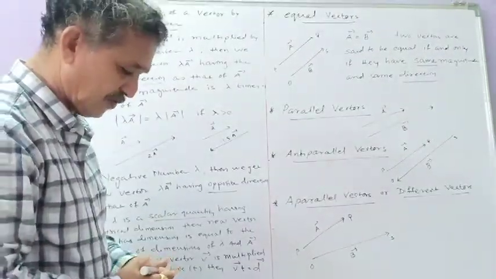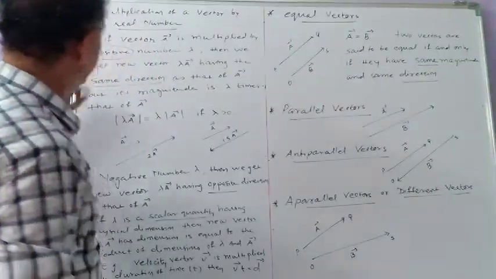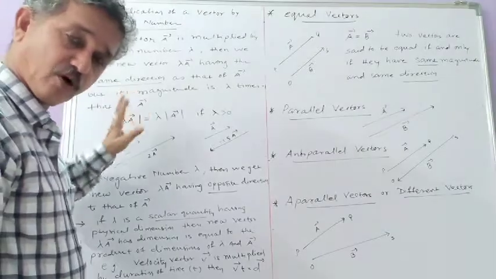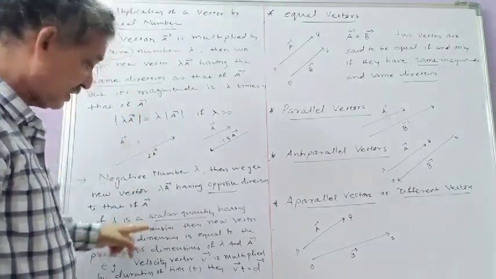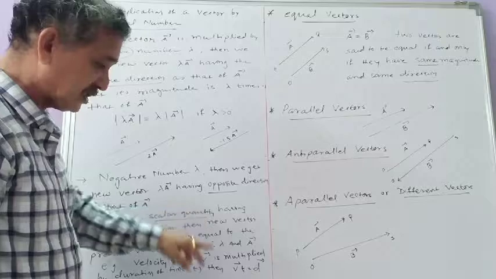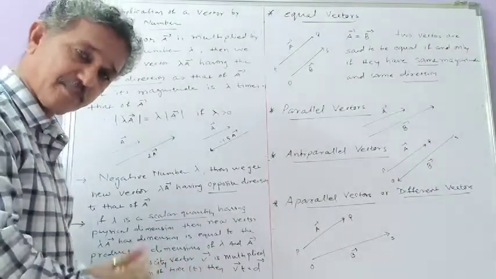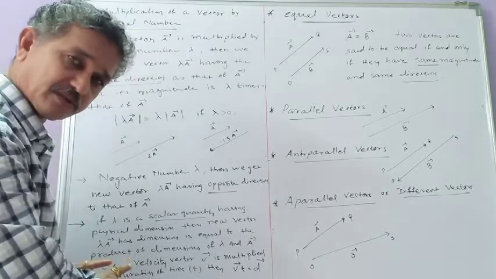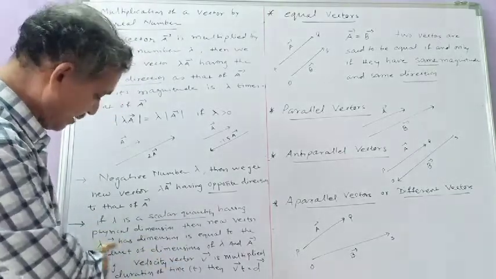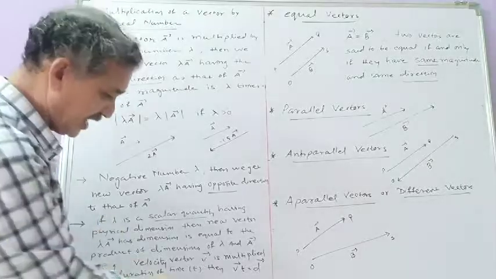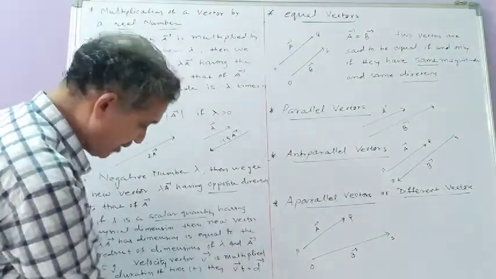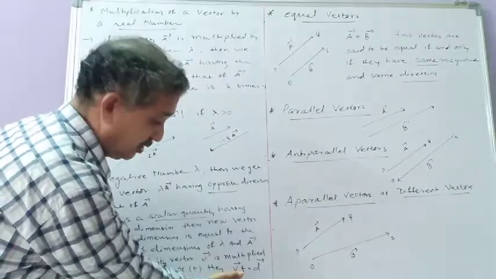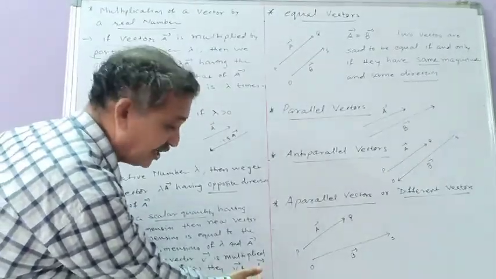So thus whenever such a number lambda is neither a positive nor a negative real number, but some scalar quantity like t that has some dimension, then the new vector lambda A has a dimension equal to the product of the dimension of lambda and the dimension of A. As for example, the velocity vector is multiplied by the duration of time, and we get a new vector Vt, and this vector Vt is equal to what?